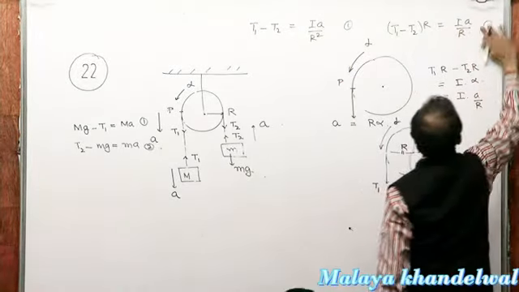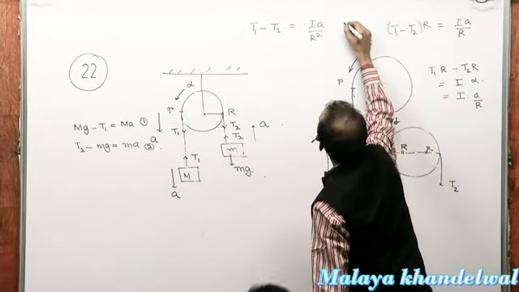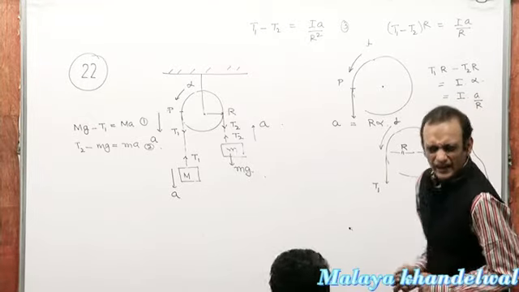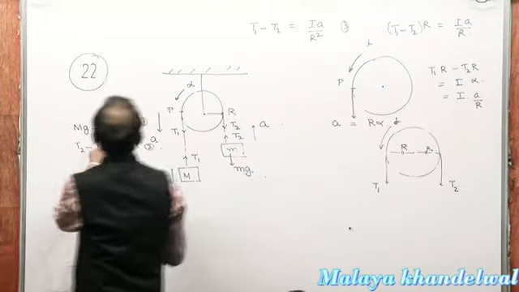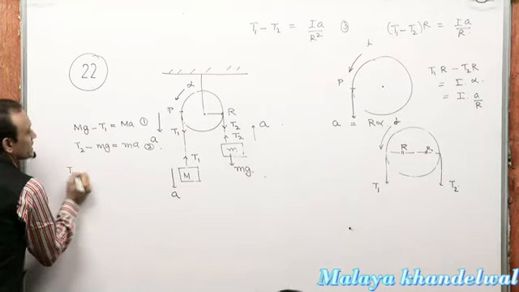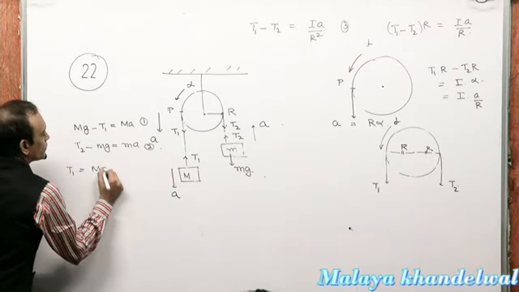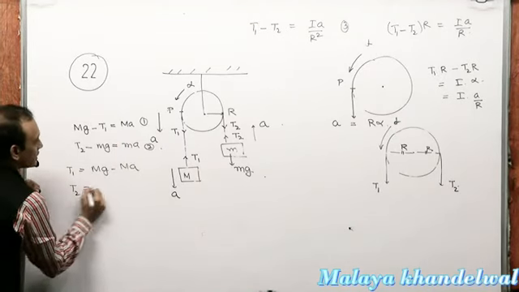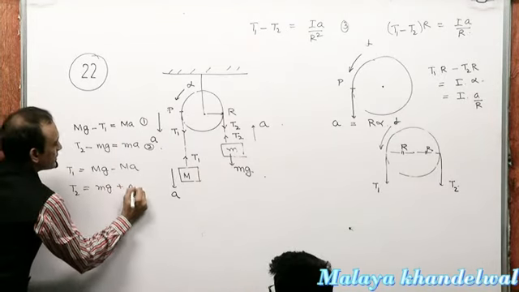Let me call it 3. Equation 3 is T1 minus T2 equals I A by R squared. You want to solve for A, right? So what you can do is take T1 from here: T1 is Mg minus MA. From here, T2 is mg plus ma.